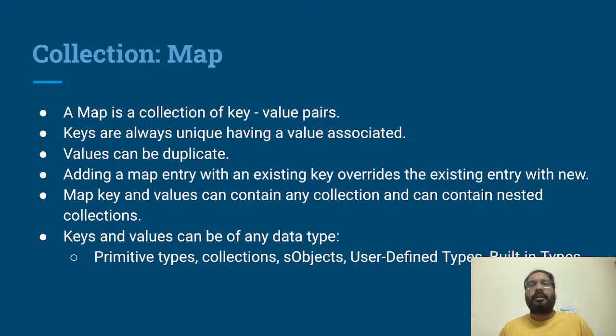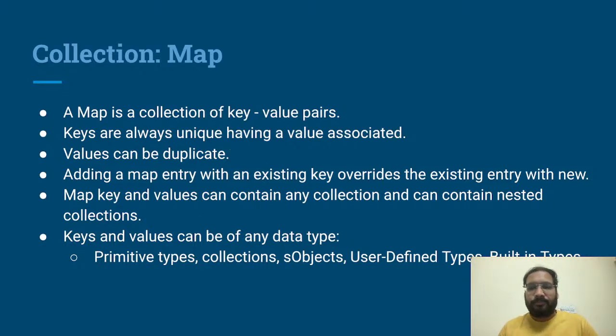But here, whenever you want to store a value, there will be a pair of key and value. So if you are storing any value, you just need to decide the key for that value as well. And you need to remember keys are always unique.